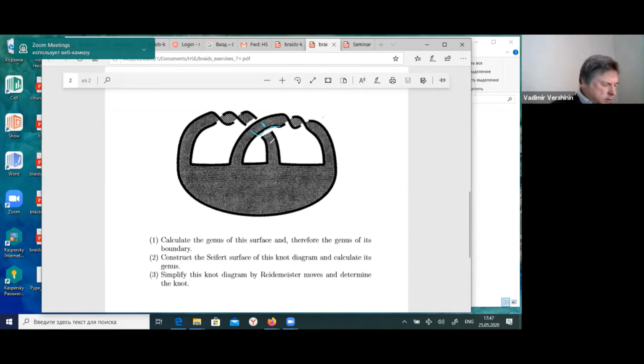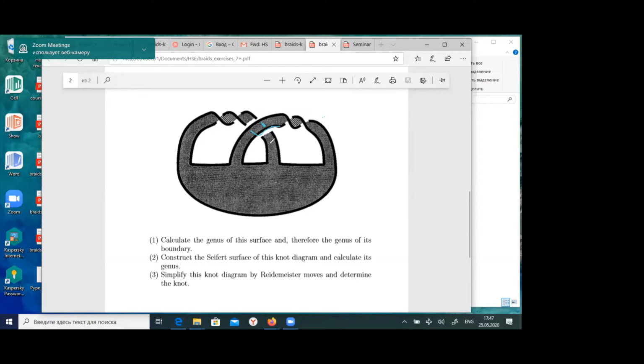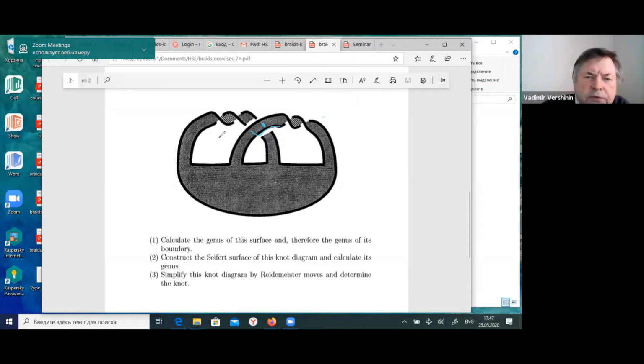What is the next move? Natalia, can you help us? I'm looking for my notes. I think I try and draw a picture. I suppose that I was doing the following thing.